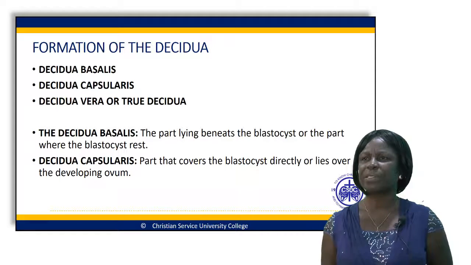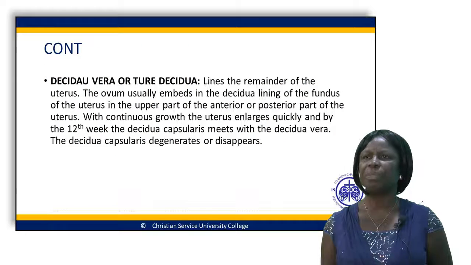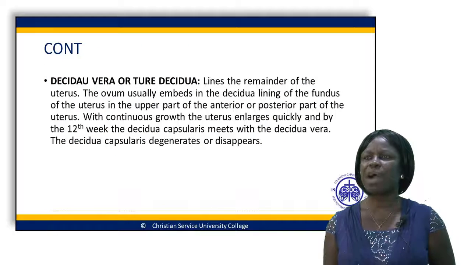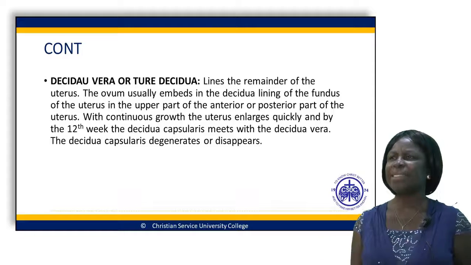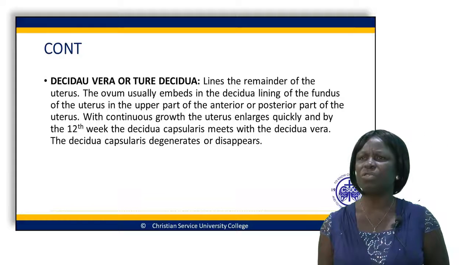Decidua capsularis is the part that covers the blastocyst directly or lies over the developing ovum. The decidua vera, or true decidua, lines the remainder of the uterus.